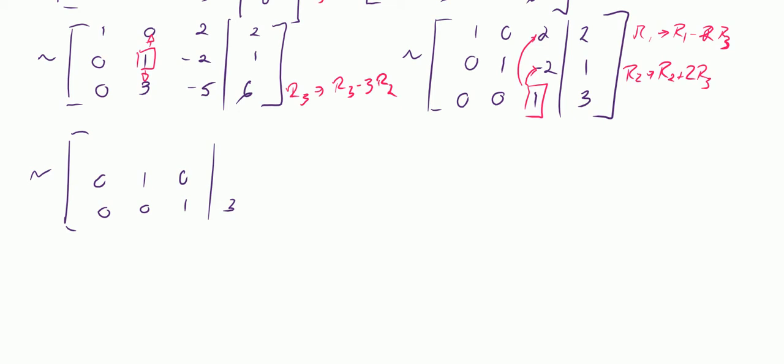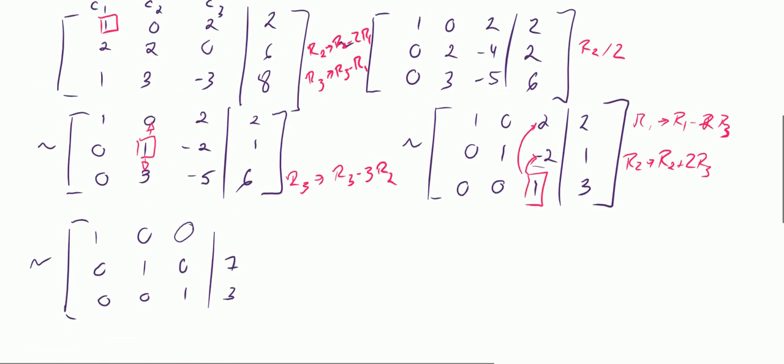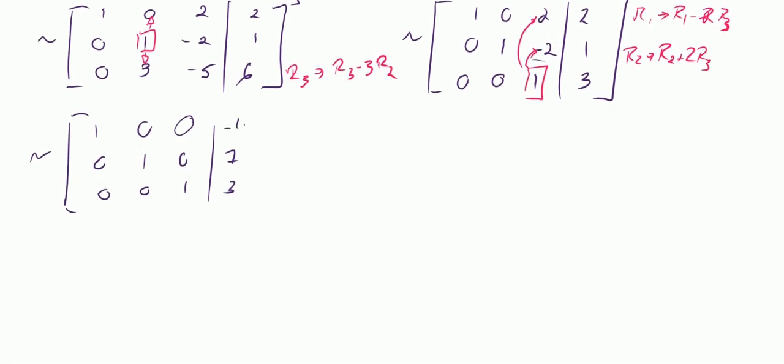So 1 plus 2 times 3 is 6. So this is 7. This is 1, 0. And then 2 minus 2 is 0. Then 2 minus 6 is minus, whoops, sorry about that, guys. And then this is minus 4. Okay, so my result is I get C1 is equal to minus 4, C2 is equal to 7, and C3 is equal to 3.